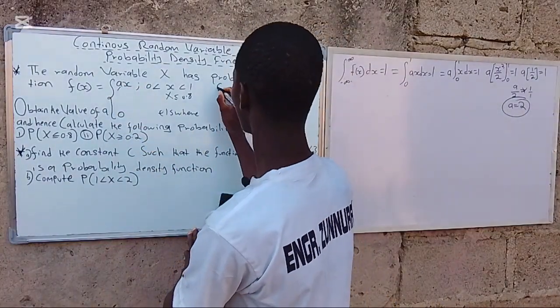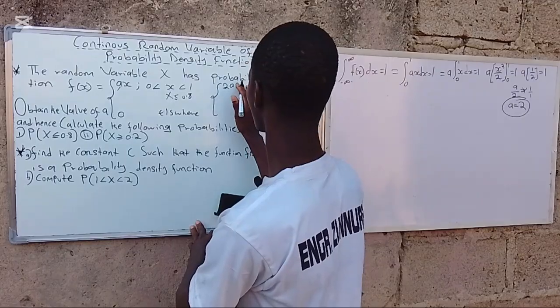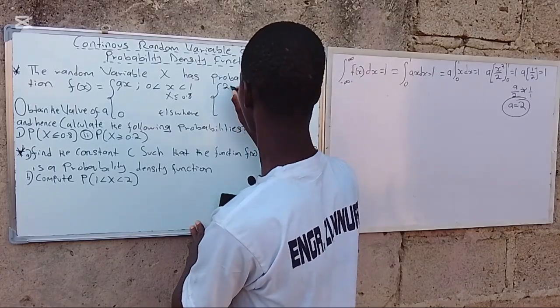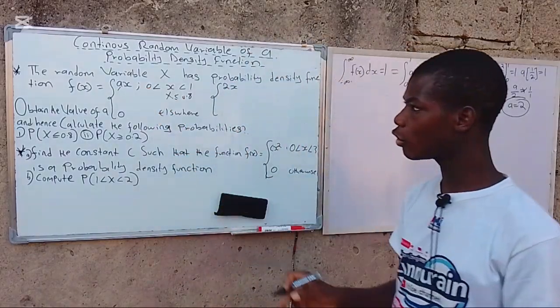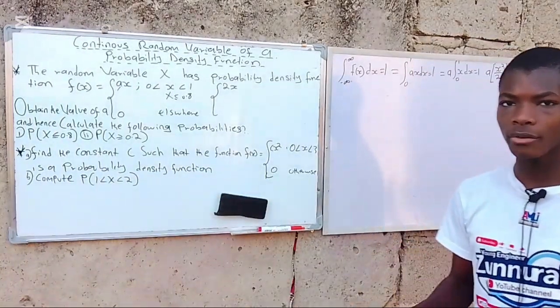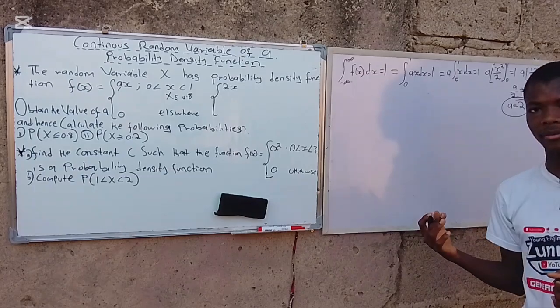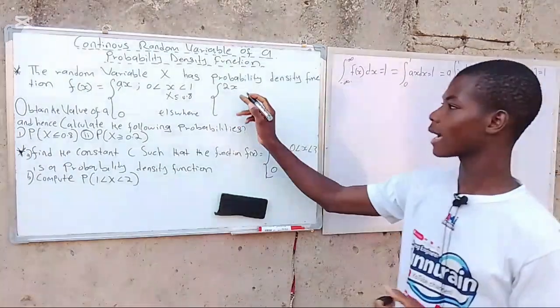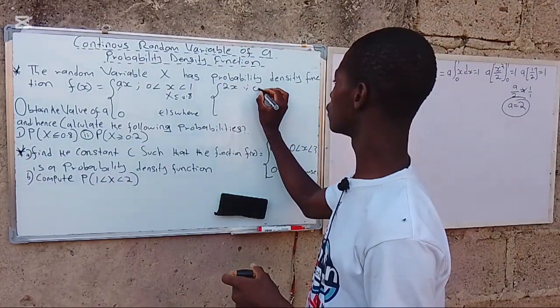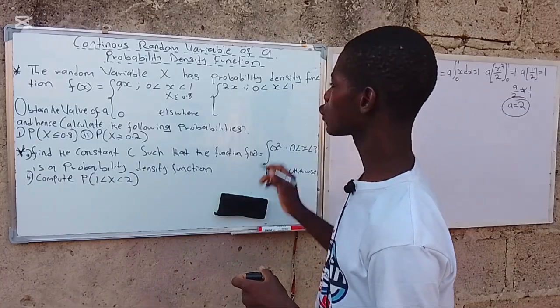The value of a should now be 2, so f of x is 2x for 0 less than x less than 1, because we were only asked to find the value of a.